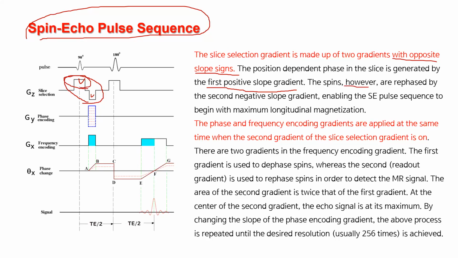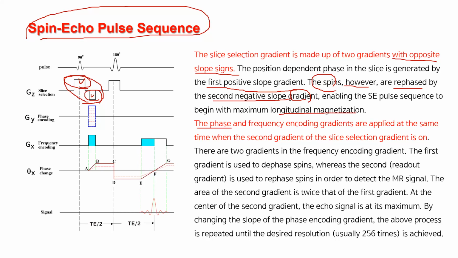However, the spins are rephased by the second negative slope gradient, enabling the spin echo pulse sequence to begin with maximum longitudinal magnetization. The second slice selection gradient is to rephase the spins.